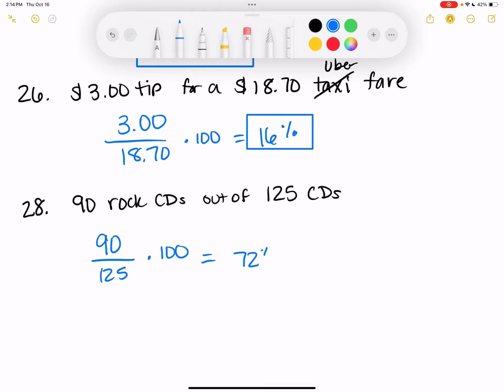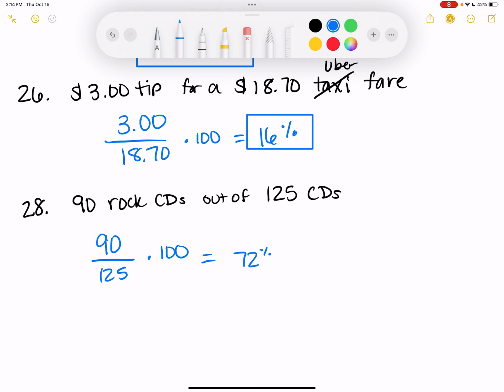It's just 90 divided by 125 times 100. If you have a small number divided by a bigger number, you can't have a number bigger than 100. Which was my clue to know you were wrong.